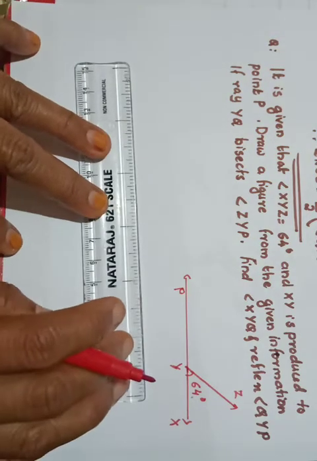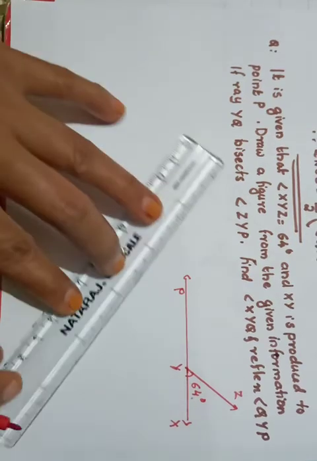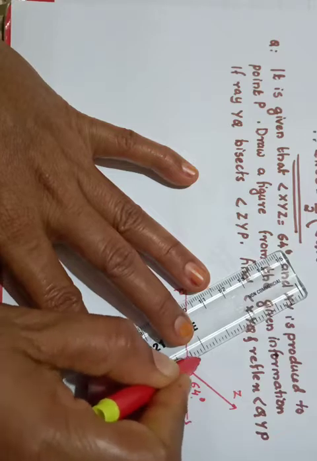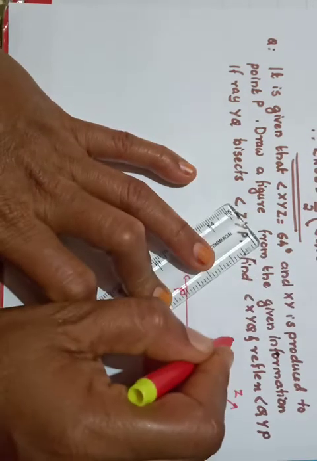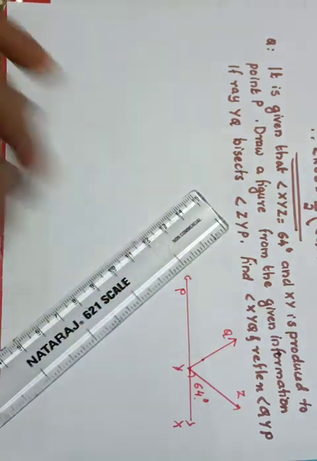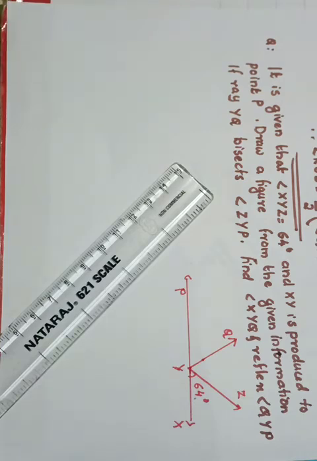Okay. Then what is given? Ray YQ is bisecting ZYP. What is meant by bisecting? Bisecting means making equal halves, equal sectors.